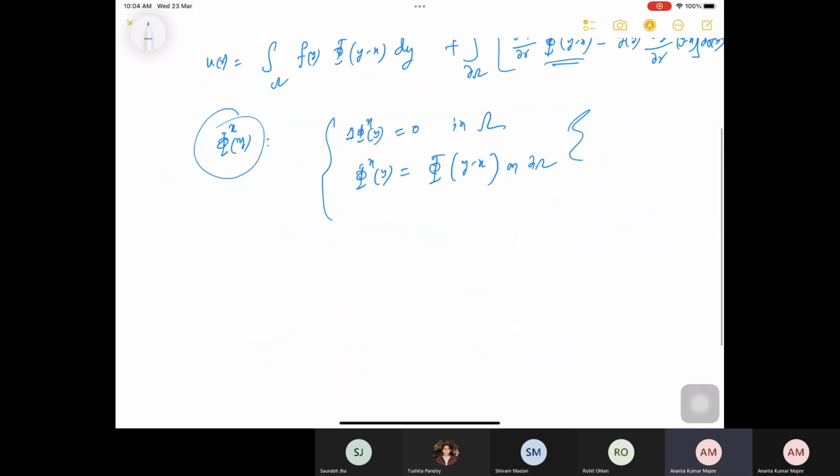Okay, so what we want, that correction function phi x y. I don't know why it's not working.